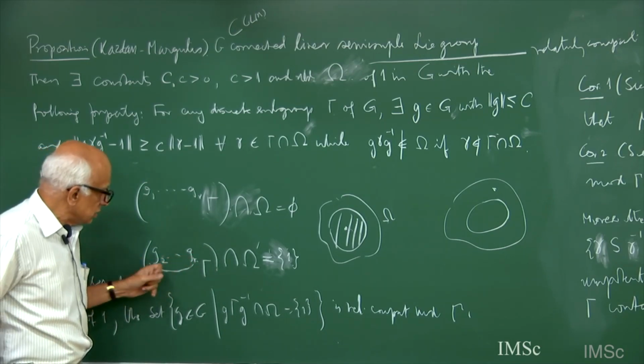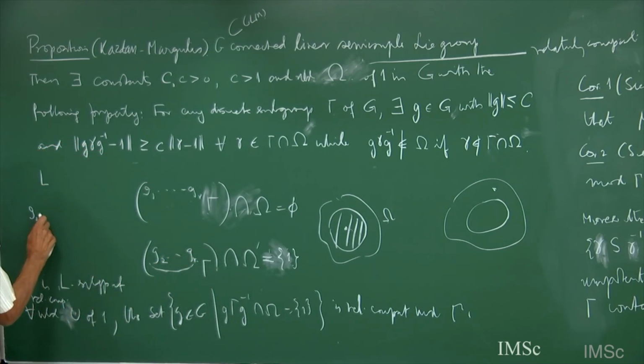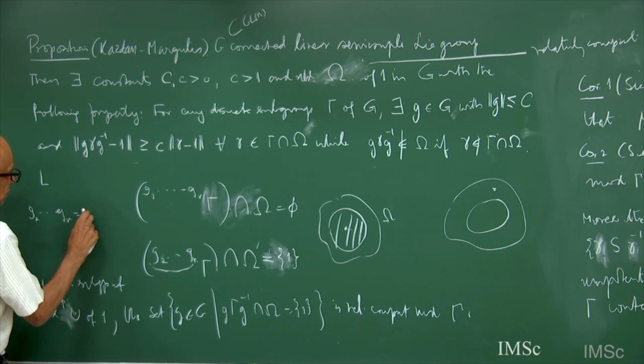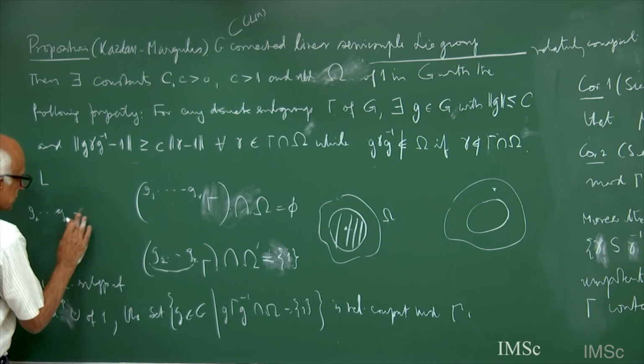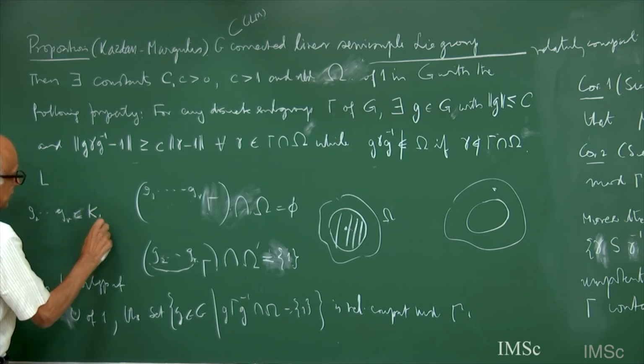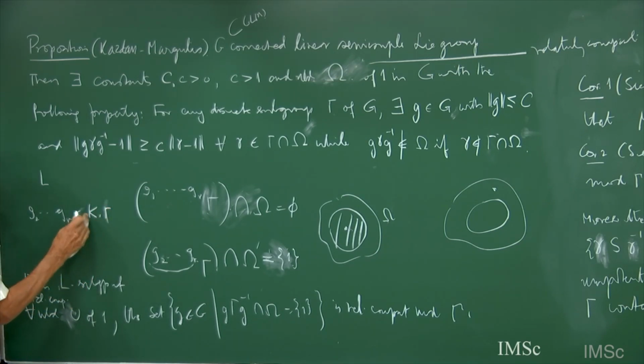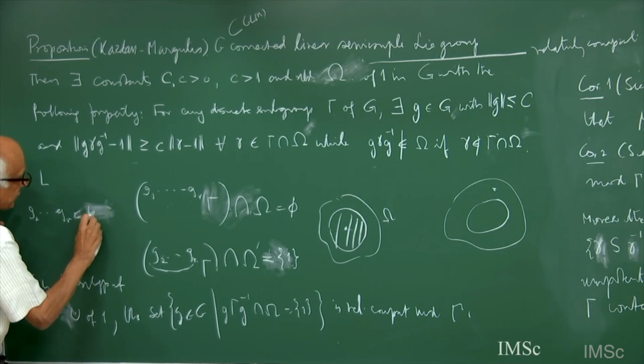So this element g_2 ... g_r can be written as something in a relatively compact set times gamma, or if you like, as k times gamma with gamma in gamma.